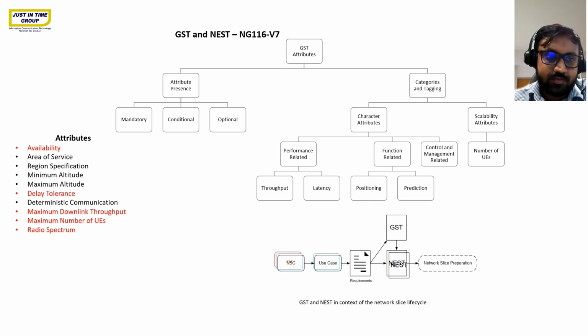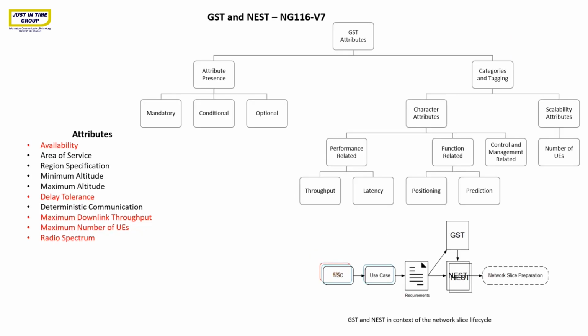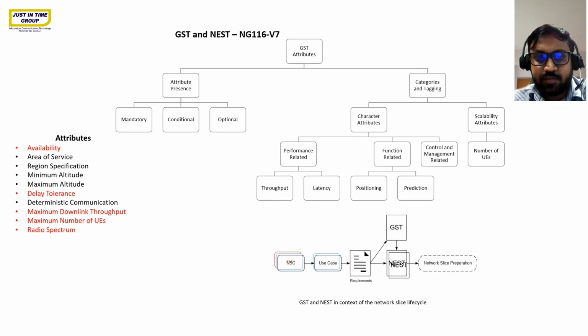Let's say you want to define the availability of a network slice. Let's say you want to give some numbers for delay tolerance or maximum throughput that you can download and upload, or maybe the maximum number of UEs that could connect to a certain network slice. They are defined in the GST attributes field, and then you can create a NEST out of that GST.